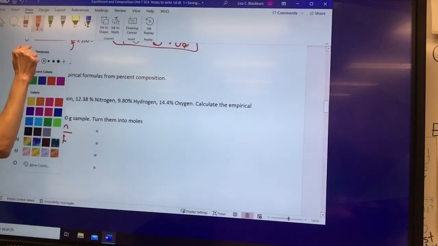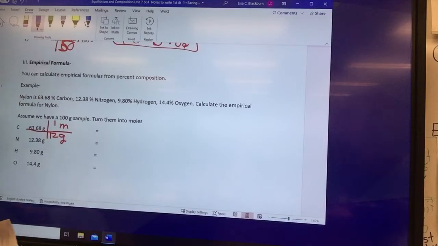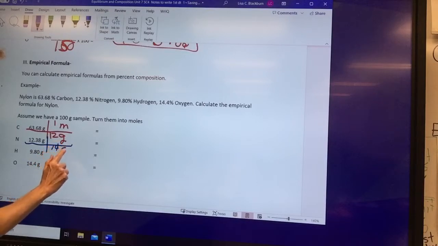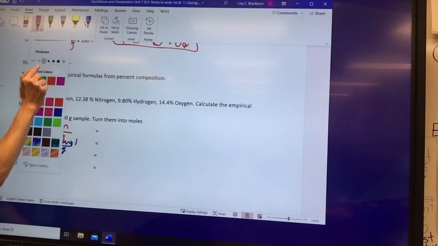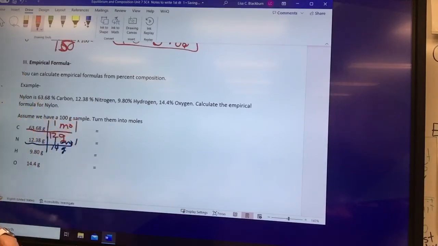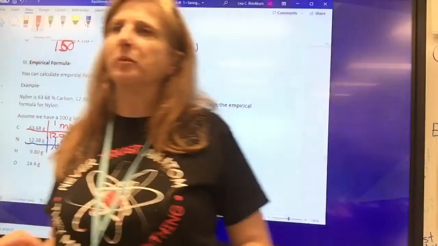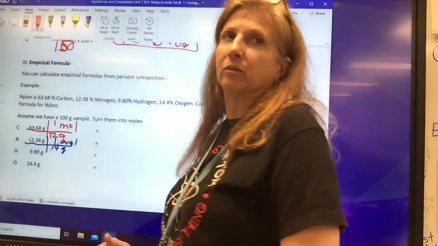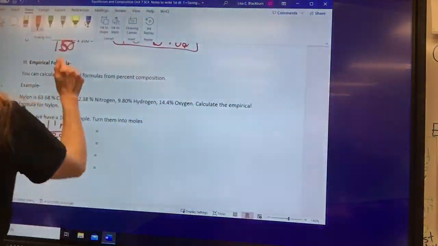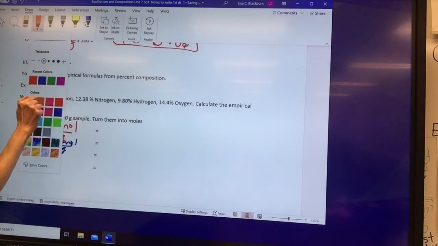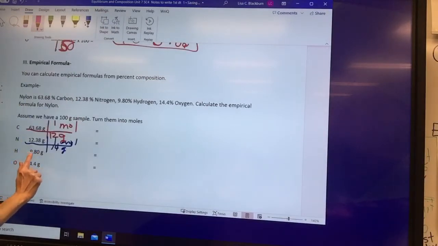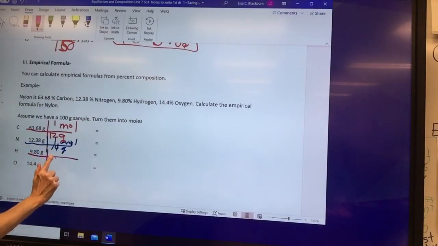Okay, I'm going to change color so it's easier to see. So now I do the same thing with nitrogen. Nitrogen is 14 grams per 1 mole. I'm getting this off of the periodic table. Actually, I'm just getting it out of my head because I've got these memorized. But if you don't have them memorized, you get them off of the periodic table. Okay, then hydrogen, we'll do it in purple. Hydrogen is 1 gram for 1 mole.